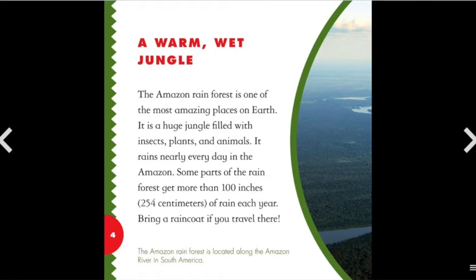A warm, wet jungle. The Amazon rainforest is one of the most amazing places on Earth. It is a huge jungle filled with insects, plants, and animals. It rains nearly every day in the Amazon. Some parts of the rainforest get more than 100 inches or 254 centimeters of rain each year.